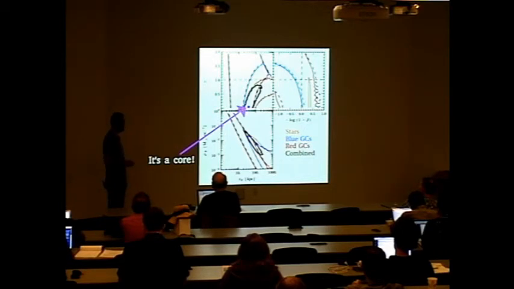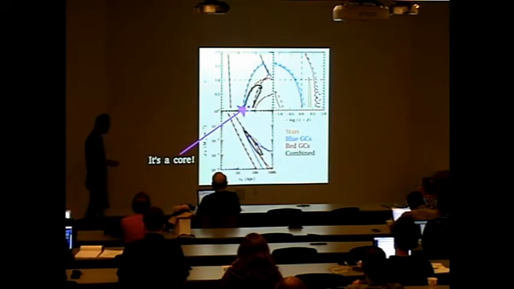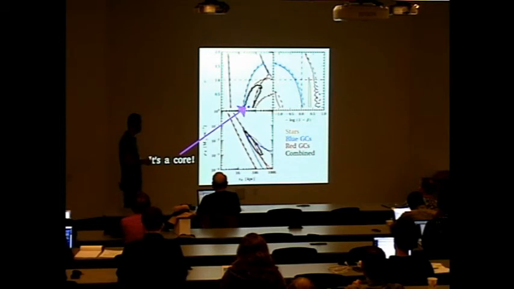So until we have a really good handle on the stellar mass, we cannot be sure about the gamma in elliptical galaxies. And that's all. Thank you.